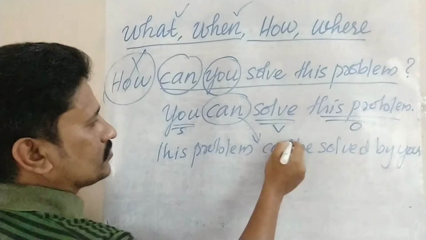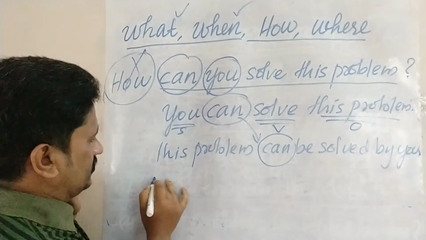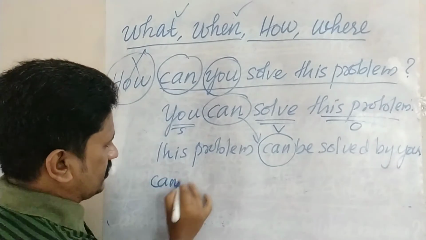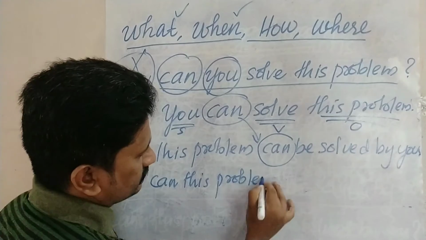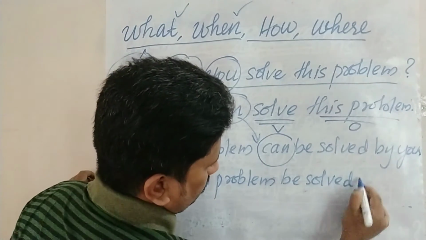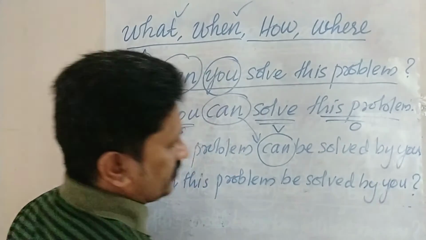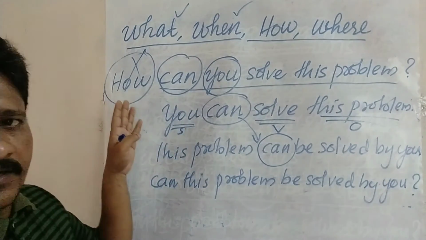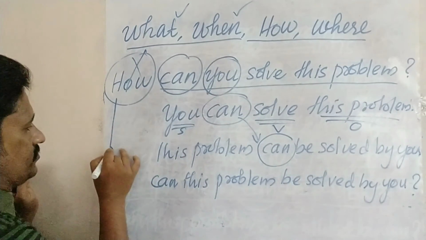Now to change it into a question, our final step is to begin with this modal auxiliary. Can this problem be solved by you? Put a question mark, and as it was a WH question, the question word has to be brought back.